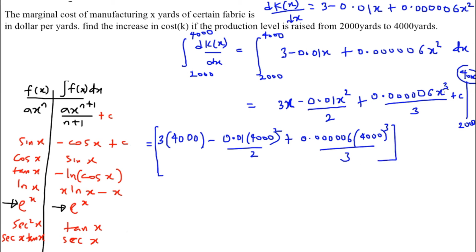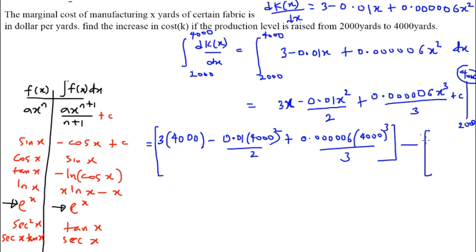After inserting 4,000 at every point where I can find my x, I need to subtract what I get when I substitute 2,000 as well. That's what it means to integrate a definite integral. When you have a definite integral, you integrate the function, then you put the upper boundary minus you put the lower boundary. That's just it.